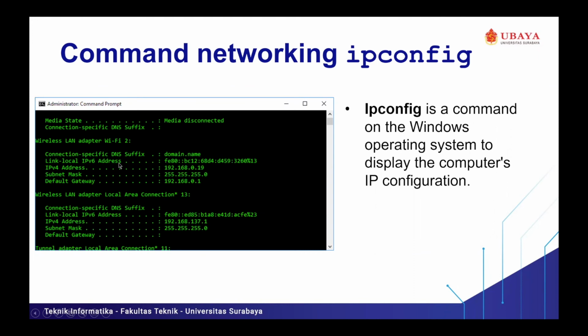As you can see here, if we type the ipconfig command, you will see information like this. Your local IP is 192.168.0.19, and your default gateway is 192.168.0.1.